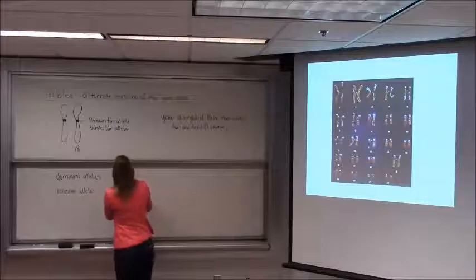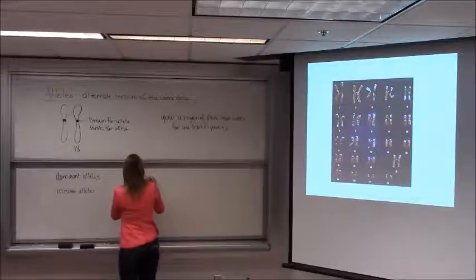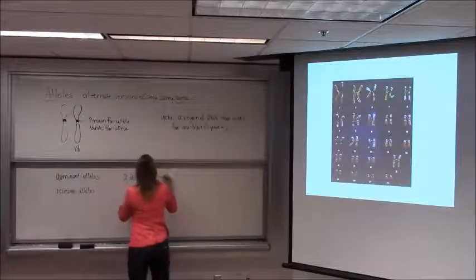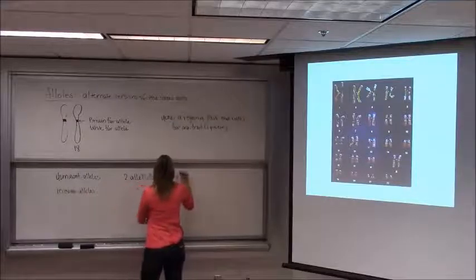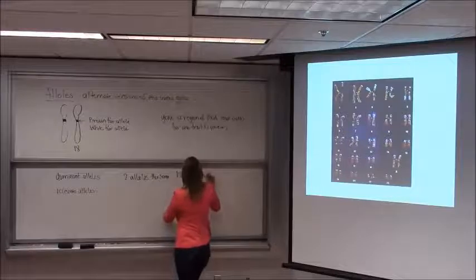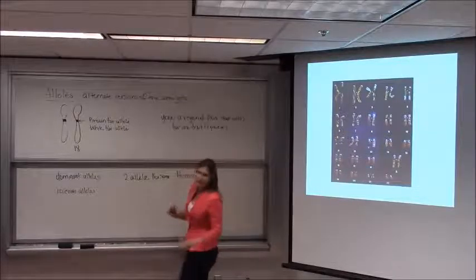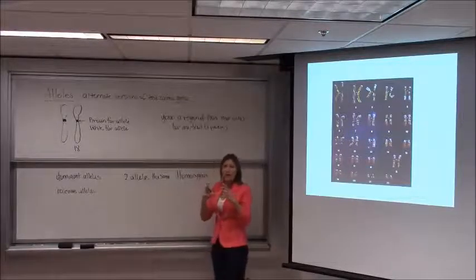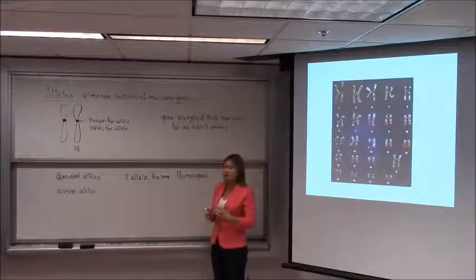So if you have two alleles the same on your two chromosomes, you're called homozygous for that trait. This term zygous goes back to that original cell that divided to make all of your cells, which was called a zygote.